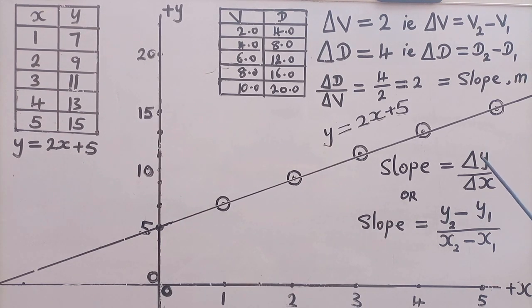Recall also that this change in y can be gotten as y2 minus y1. Don't forget that this change in d is the same thing as change in y, and change in d was equal to d2 minus d1 at the time we did it. It is still there.